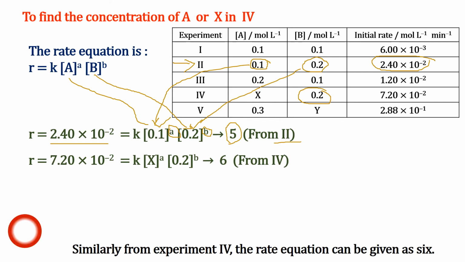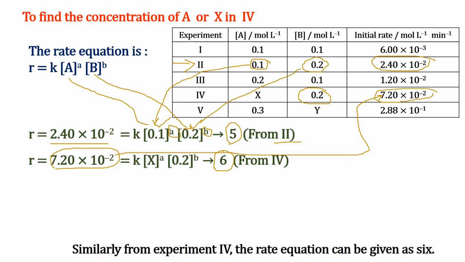Similarly, from experiment 4, the rate equation can be given as 6. Again, note that the rate of the reaction is 7.20 into 10 power minus 2, that is taken from here. That is the rate for experiment number 4. The concentration of A is unknown, that is X, and the concentration of B is again 0.2.